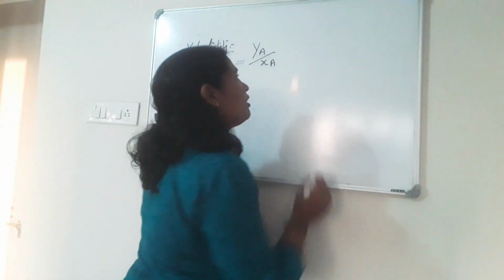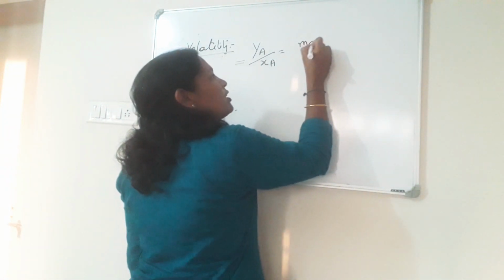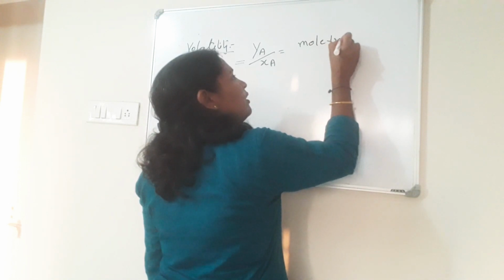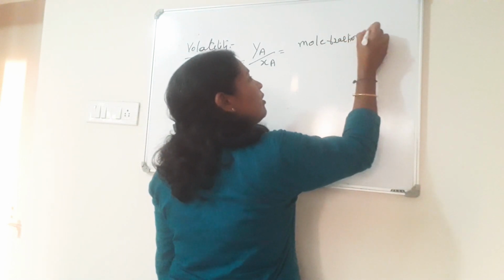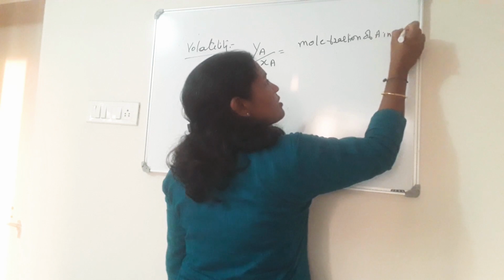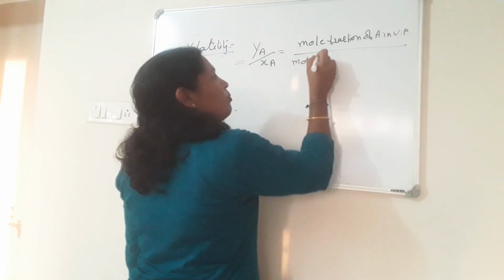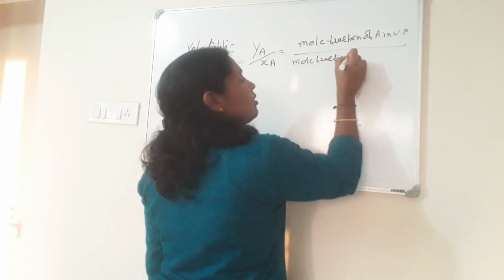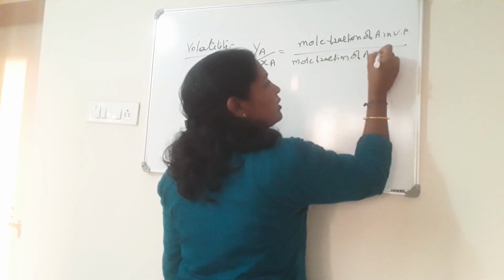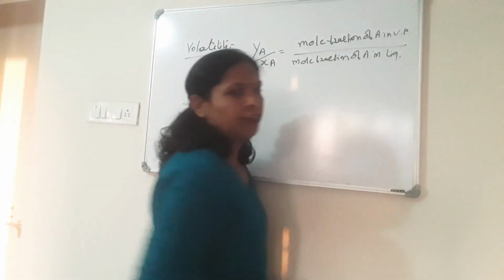Then what is this Ya? Ya is mole fraction of A in vapor phase, and Xa is mole fraction of A in liquid phase.